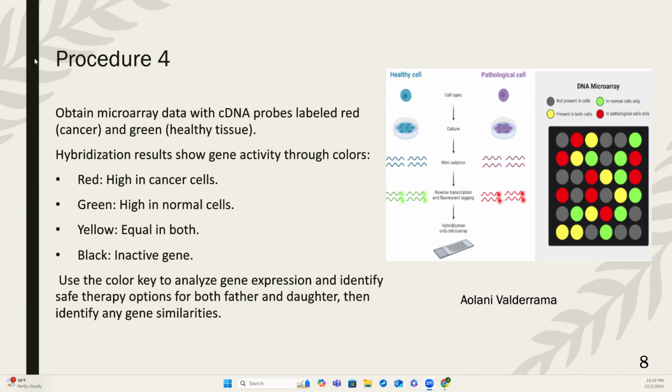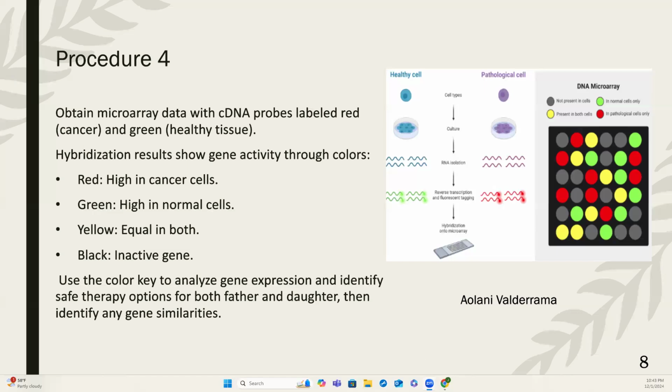Then students will have to analyze which genes are high in cancer cells or high in normal cells. Then with the color key provided, they're going to identify good and safe therapy and medication options for these patients.